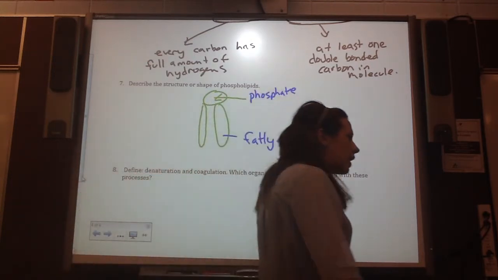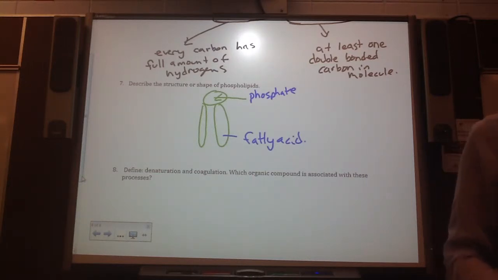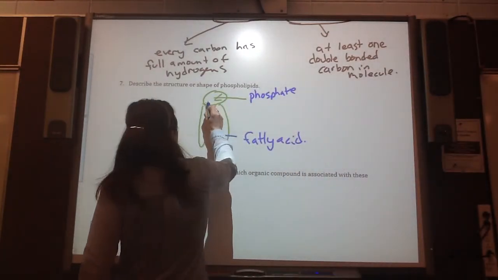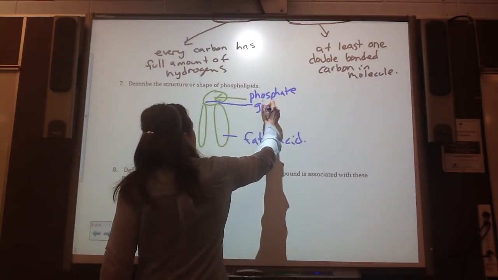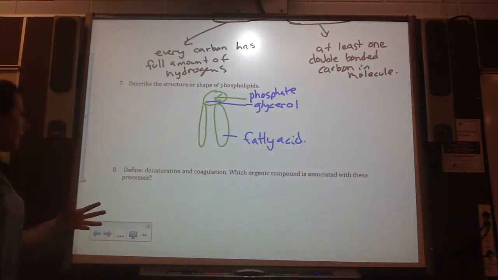What does your textbook have? So page 247. So you have the phosphate group. There would be a glycerol backbone right here. And our fatty acids.